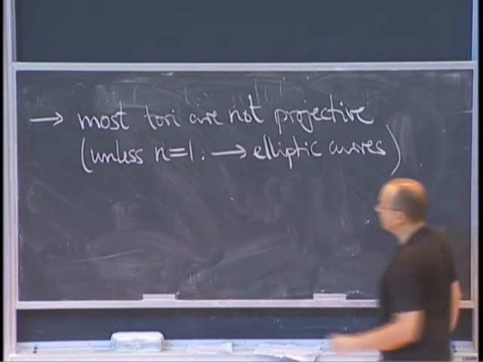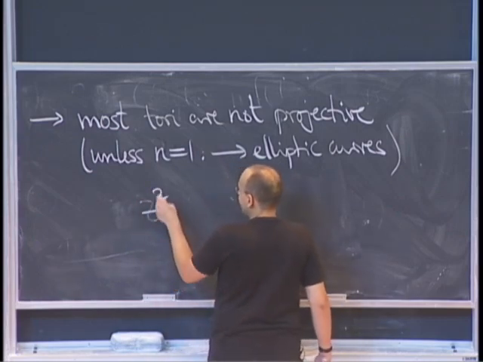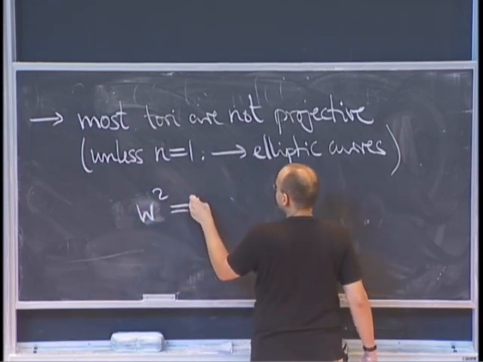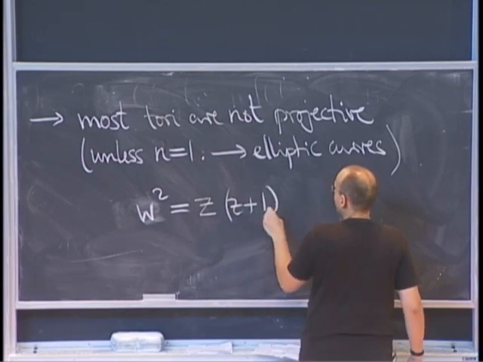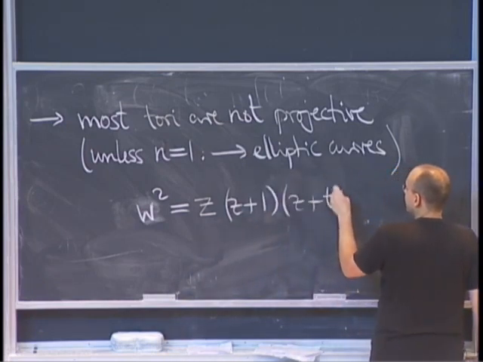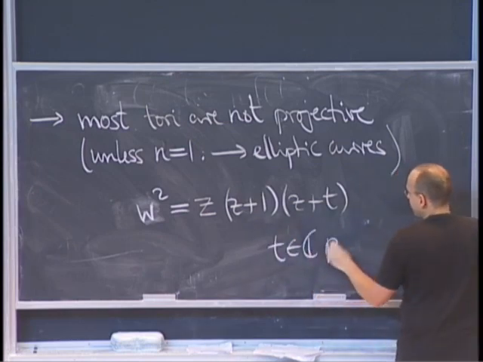And there's a normal form, w squared equals z times (z plus 1) times (z plus t), where t is a parameter.